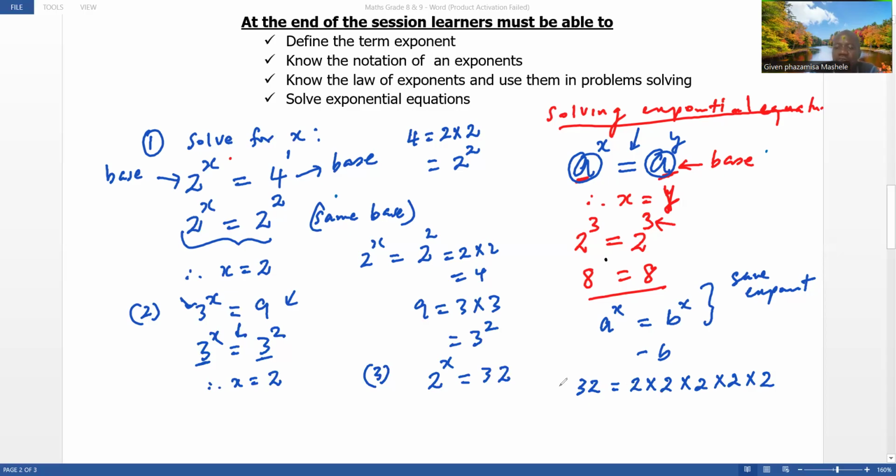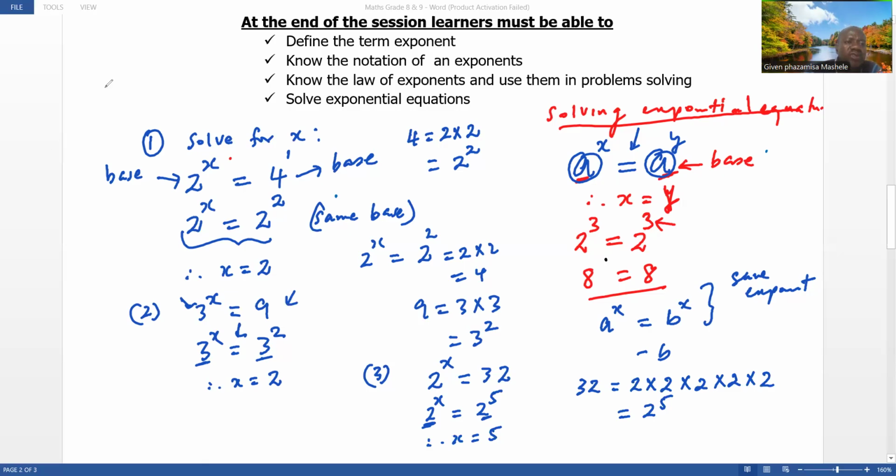Obviously, it's 32. You see that is the same as 2 to the exponent of 5. So we can write 32 as 2 to the exponent of 5. And now the bases are the same. Therefore x equals 5. That is how we solve equations.